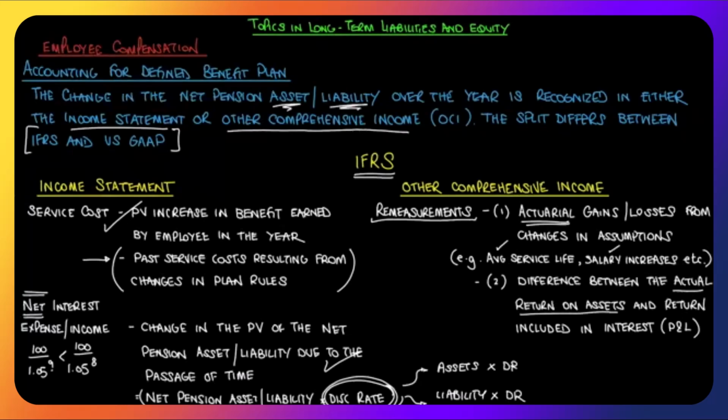So we have taken a return on assets into the income statement using the discount rate. The difference between that and what we actually got, that's the noise, that's in OCI.